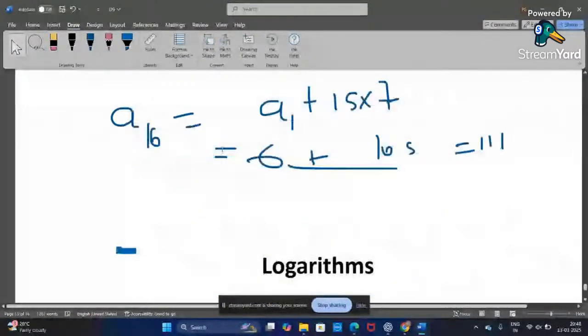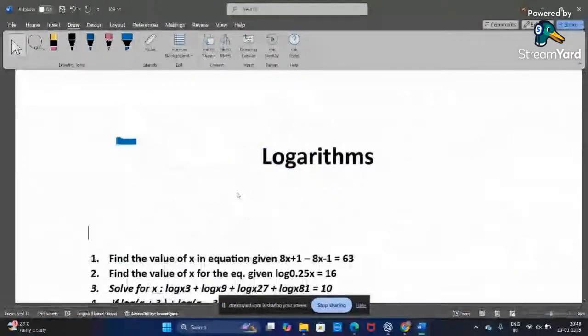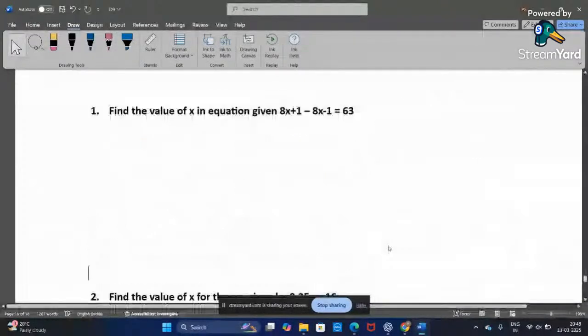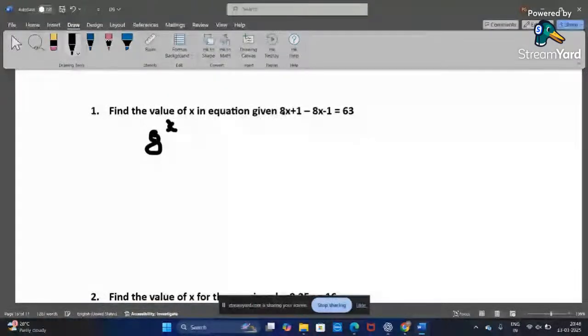Now let us solve logarithms. I'll write down the question again. a to the power x plus 1 minus a to the power x minus 1 equals 63.